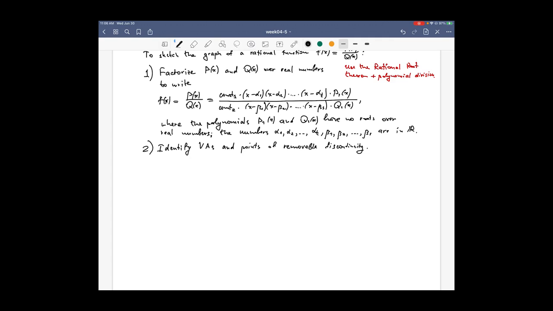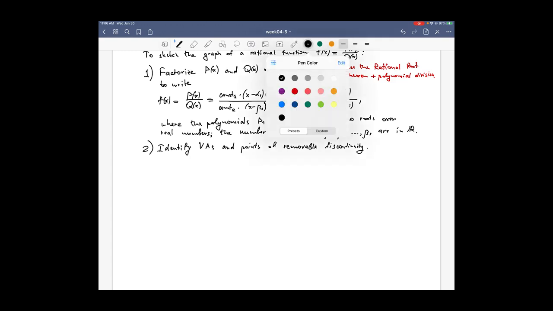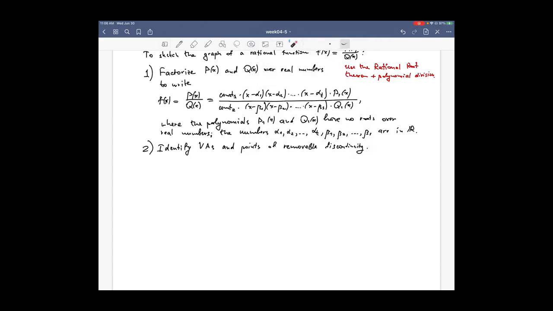Where will we have our vertical asymptotes? Our vertical asymptotes will occur precisely at those betas which are not roots of p.